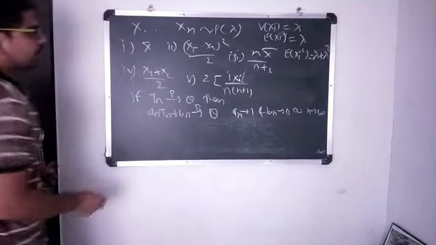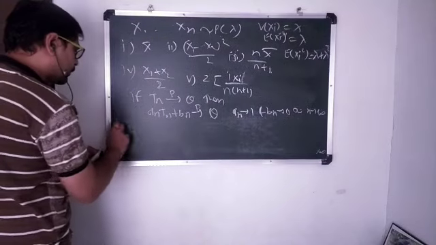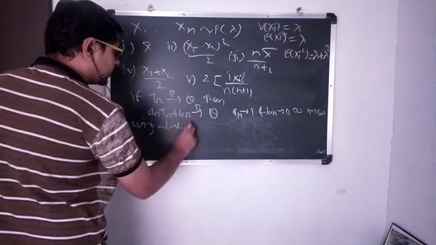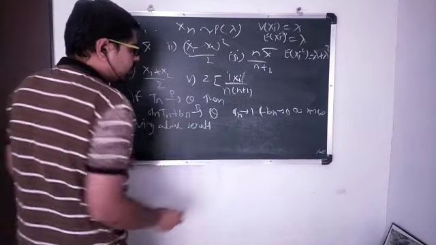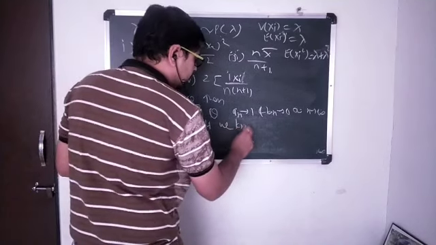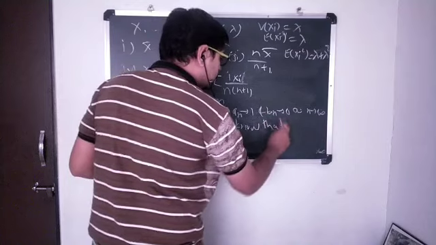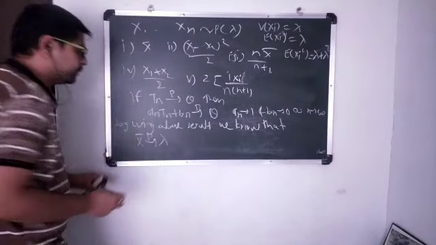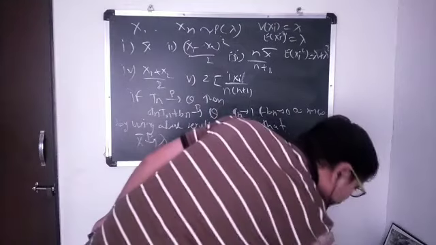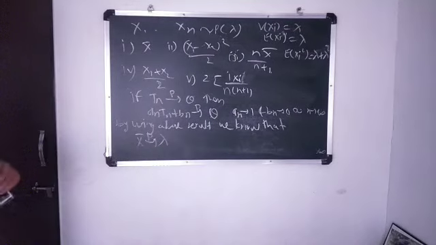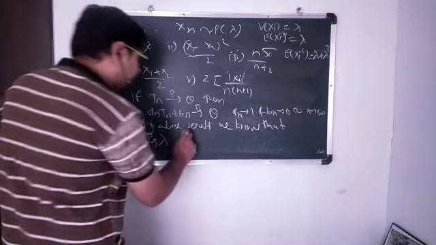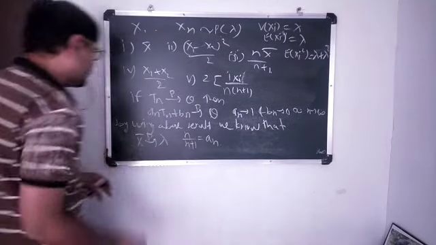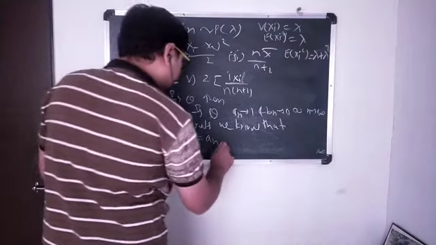So by using the above result, we know that X bar is a consistent estimator of lambda. So consider n upon n plus 1 as an and X bar as Tn.